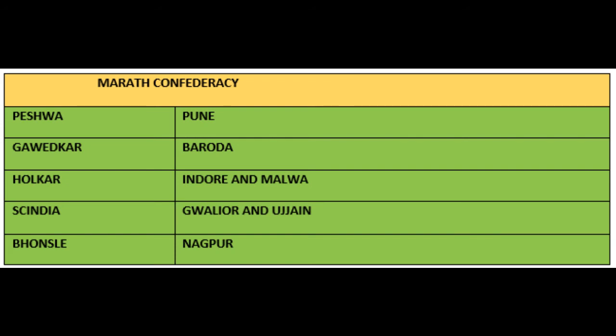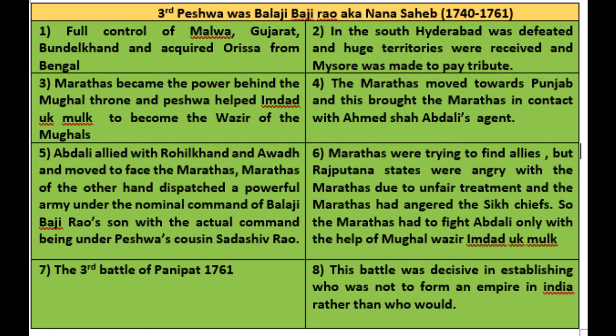The third Peshwa was Balaji Bajirao, also known as Nana Sahib, 1740 to 1761. The third Peshwa, Balaji Bajirao, got full control of Malwa, Gujarat, Bundelkhand and acquired Orissa from Bengal. In the south, Hyderabad was defeated and huge territories were received. Mysore was made to pay tributes.